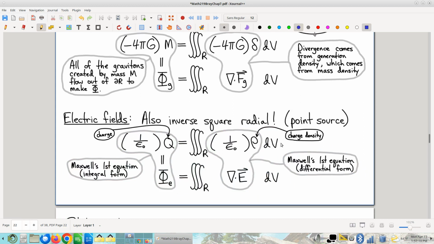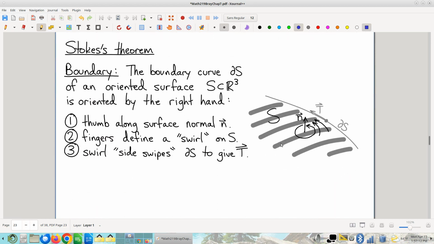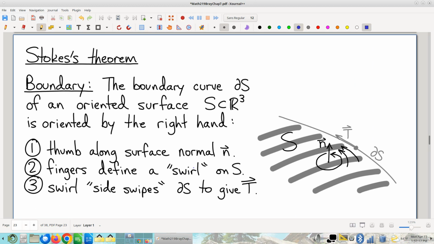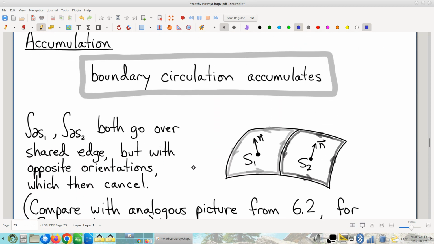All right. Moving along. I'm going to talk about Stokes' theorem now. This is the second big part, you might say, of section 7.3. It's another accumulation theorem. You're going to notice the pattern. We're going to talk about boundaries and orientations. We're going to talk about an accumulating quantity.